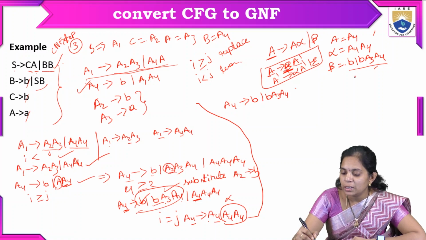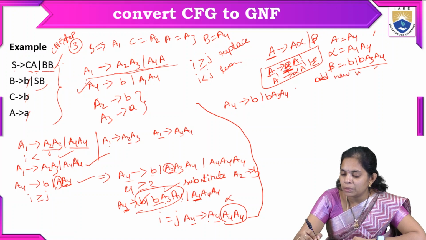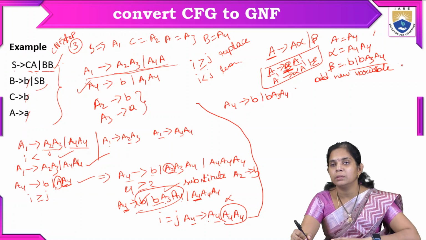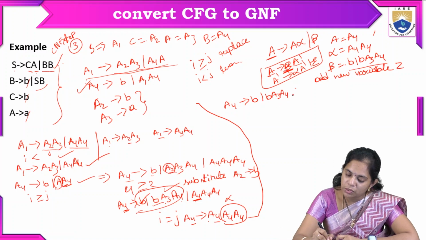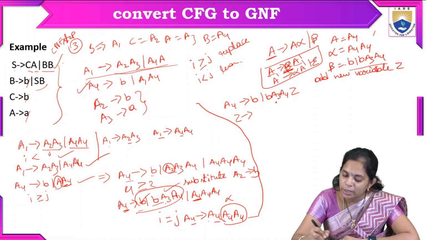We will just add a new variable. Instead of A1, to write it easily, we will write it as Z. So Z is equal to alpha. So what is meant by alpha? A4 and Z, epsilon.